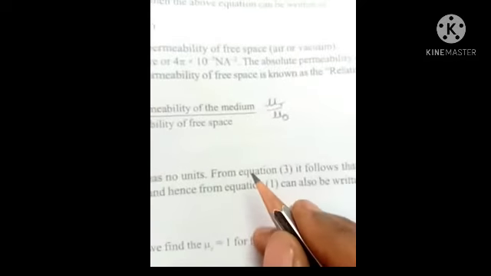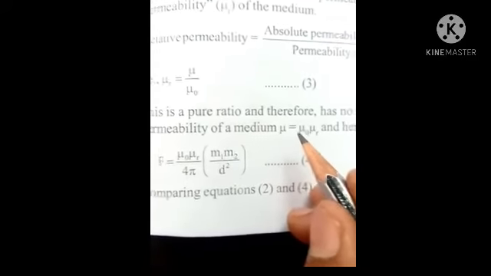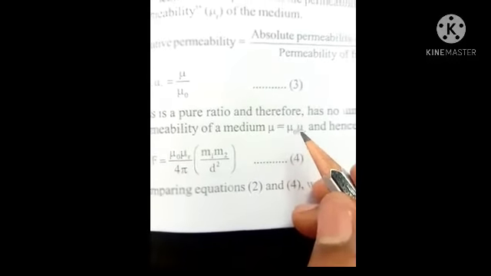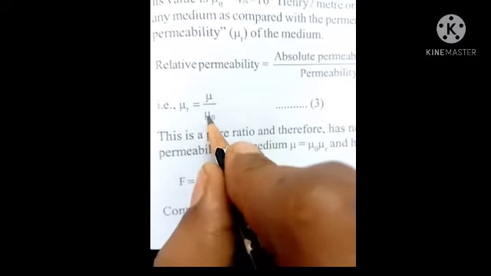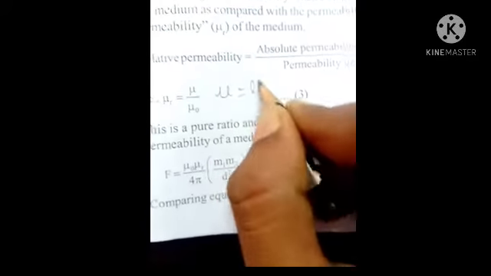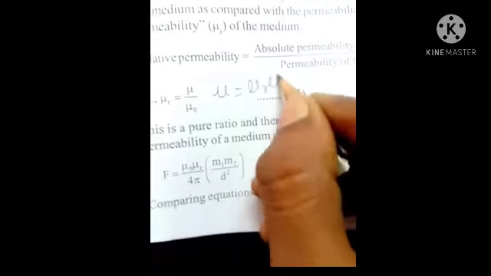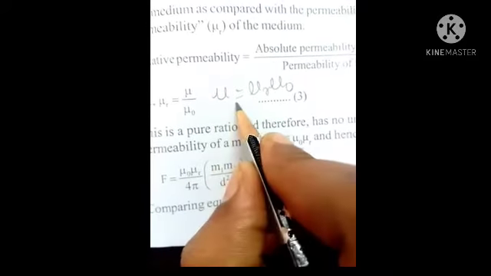From equation 3, it follows that the permeability of the medium mu equals mu naught into mu r. This is the absolute permeability value.